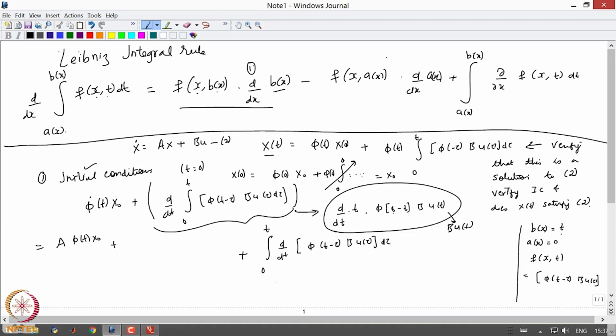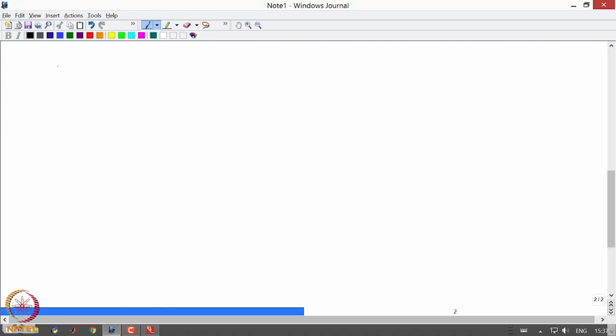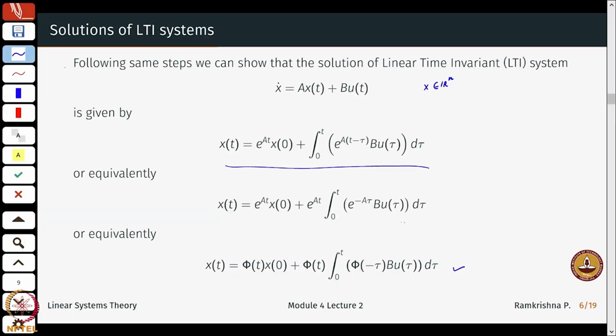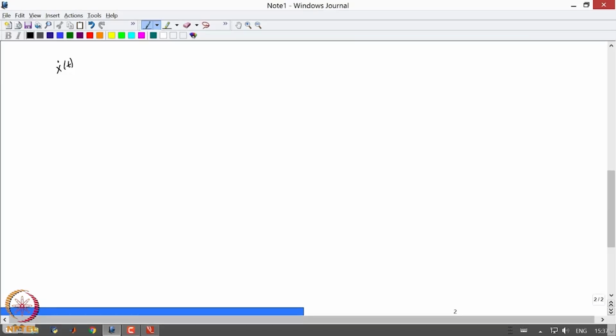The third term would simplify to d over dt of phi of t, which will be A phi of t minus tau, integral 0 to t, B u of tau d tau. Okay. So, let me write this again. What we have so far, I am just differentiating these terms. So, what do I have here?